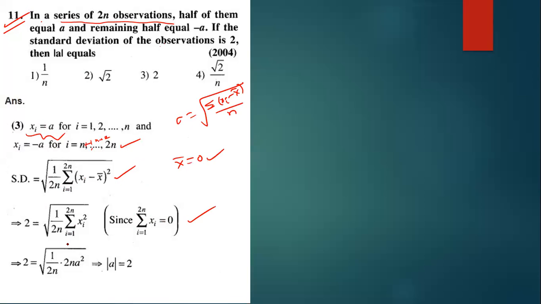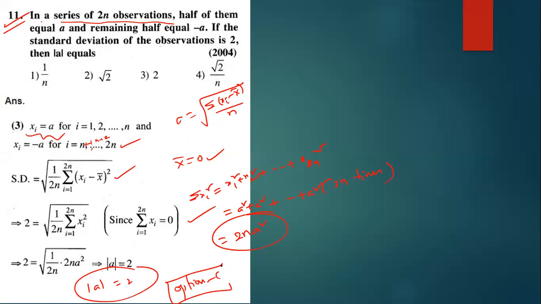So x square means x1 square plus x2 square and so on up to x2n square, which means a square plus a square and so on, 2n times. That is 2n a square. That's why we get modulus of a is equal to the answer. So option C. It's a very important question. So please revise previous questions also, all of you dear students.